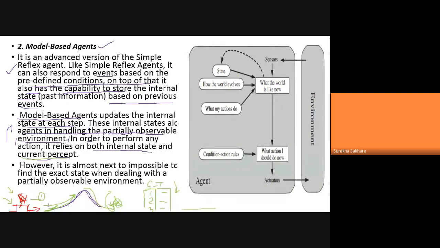It has noted how the world evolves. Accordingly, it will predict what my action should be depending upon all these things. It will decide, and depending upon the rules it has been given, it will take the best action needed, and then the actuators make the motion, and if it is to pick the stone, it will do so and keep moving ahead. So this is what model-based agents are about.